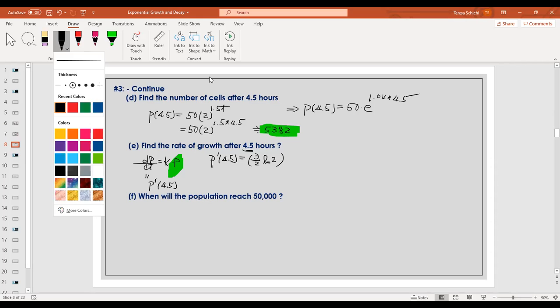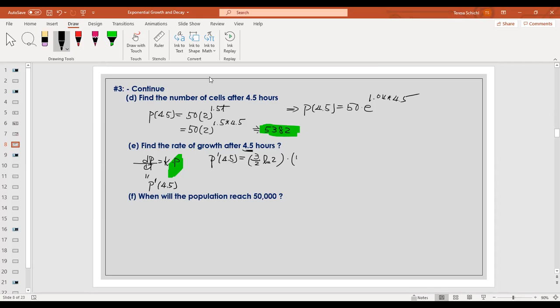So now in here, you can have P, so this will be 50 times 2^(1.5 times 4.5). Cool. And then if you put it into your calculator, it will be 5596. So that means that after 4.5 hours, the growth rate will be about 5,596 bacteria per hour.